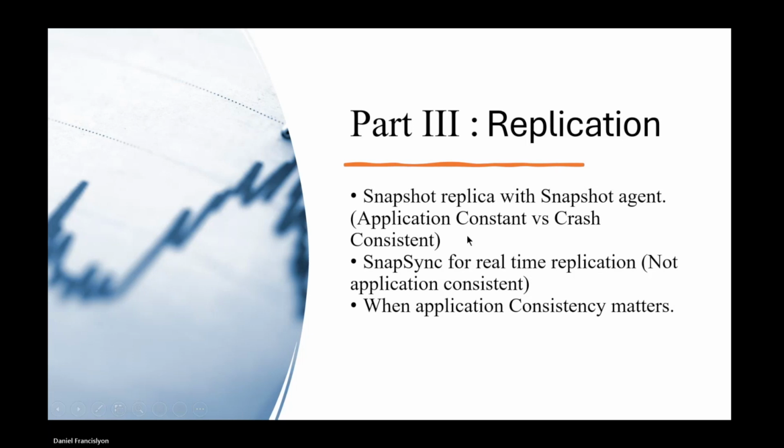Well, actually, let's talk about the differences first. So snapshot replica with snapshot agent. What should be understood about snapshots is they take a snapshot of the data that's on the drives. So let's say you have a VM running in VMware. There's data that's on the drives in the LUN, but there's data in the VMware server's RAM, right?